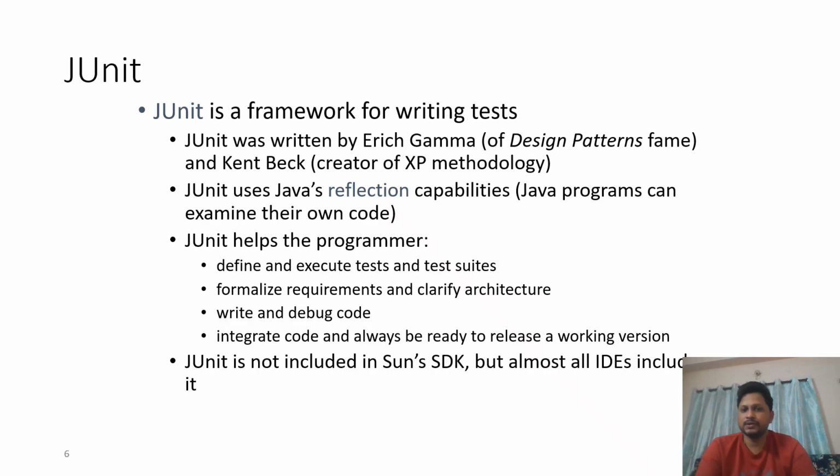JUnit uses the Java reflection capabilities, where Java programs can examine their own code, and JUnit also helps with programming tasks like defining and executing test cases and executing test suites wherever we require, formalizing the requirements, clarity of architecture, writing and debugging of code, integrating the code, and always being ready to release a working version.